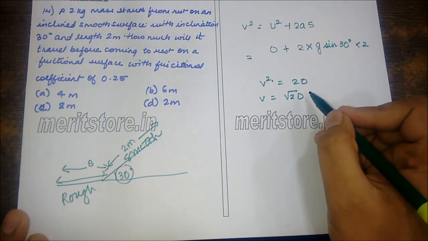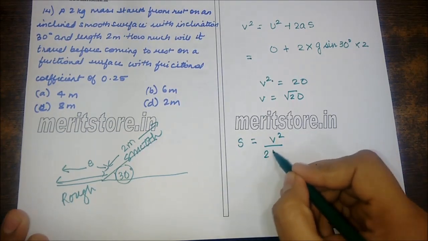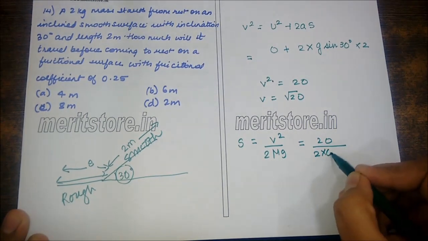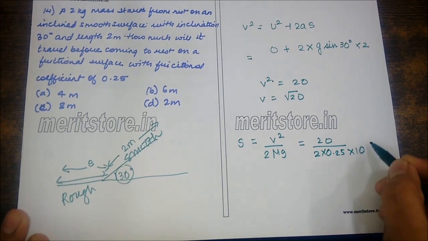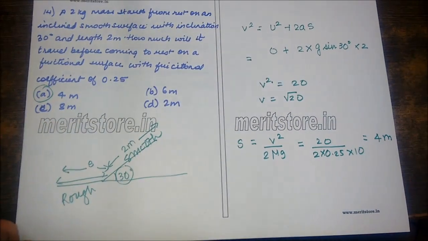Let it travel distance S before coming to rest. So now S is equal to v square upon 2 mu g, 20 upon 2 into 0.25 into 10, which gives out 4 meter. So option A, 4 meter is the correct answer.